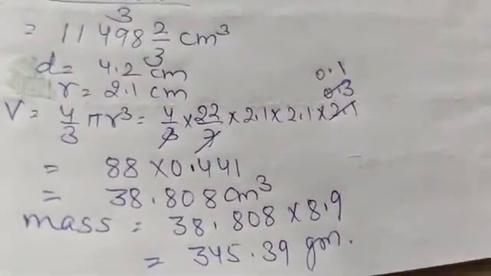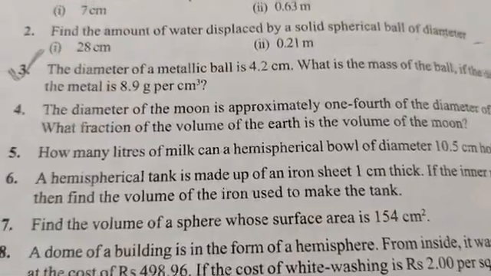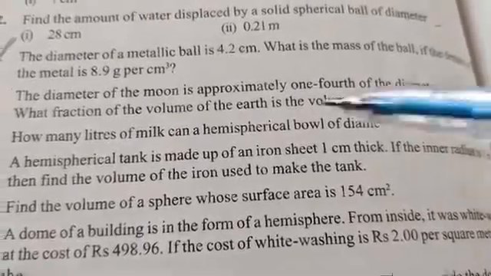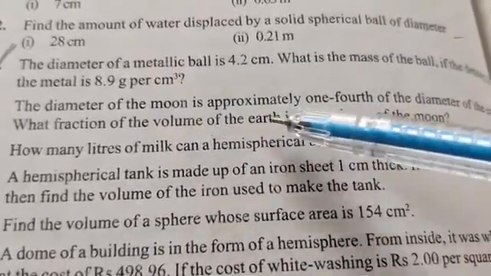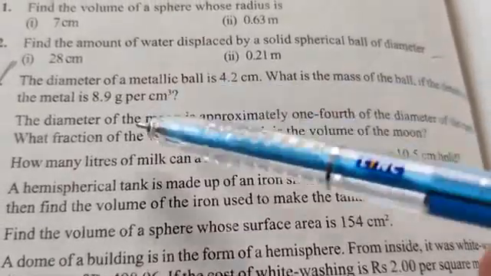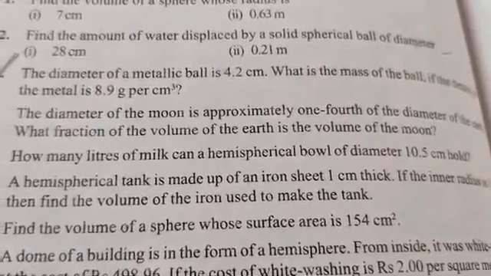Okay. Next question number 4. The diameter of the moon is approximately 1/4 of the diameter of the earth.